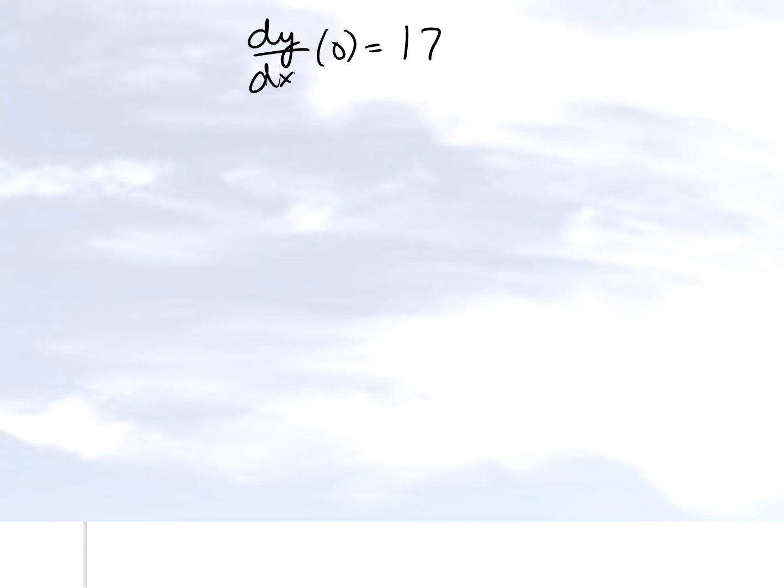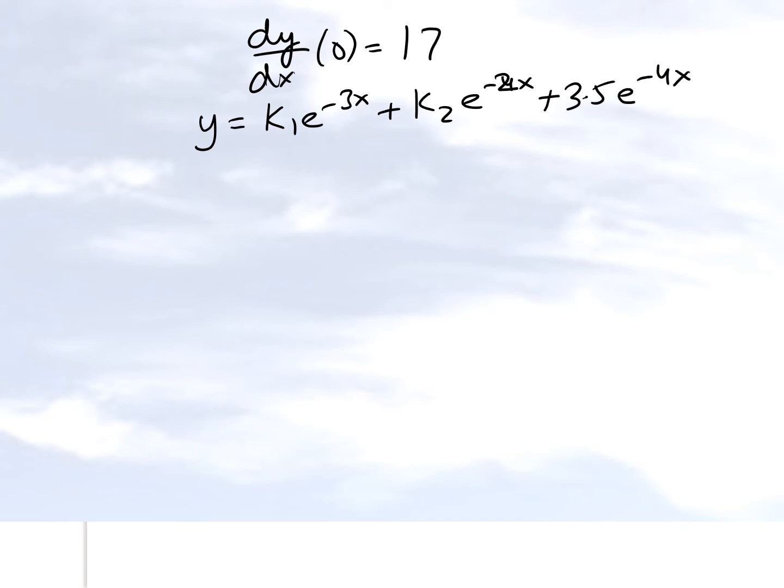So if that is the case, then let's go and see what our y is. Y is the expression which we have found out. So we have this as our y. Let's go and look at what dy by dx is.